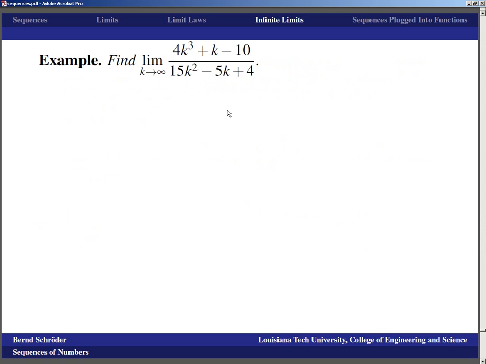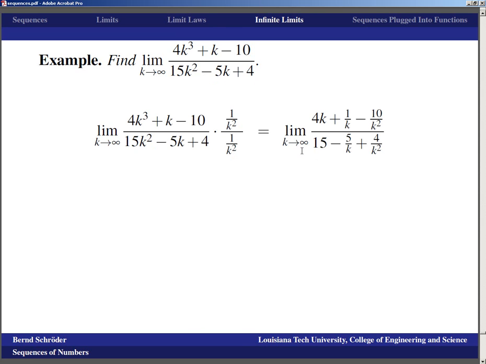Okay, as an example, find the limit as k goes to infinity of 4k cubed plus k minus 10 divided by 15k squared minus 5k plus 4. We're going to use the same approach as we did before. We simply expand with the reciprocal of the k to the highest power in the denominator, so we expand with 1 over k squared.